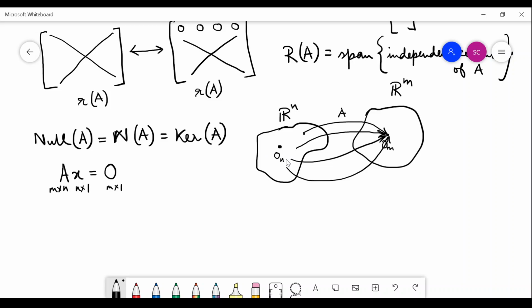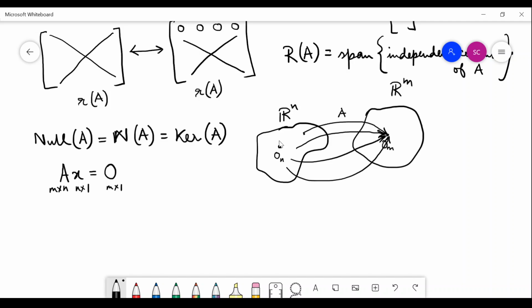Of course, you can understand very well that this set of vectors will in general not be covering this Rn space totally. And the most trivial solution is this 0 vector. So this 0 vector has to be in the kernel.